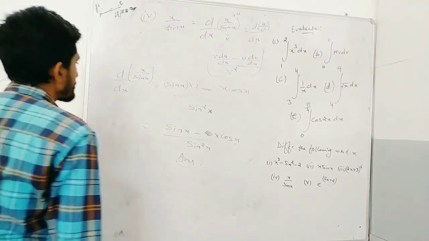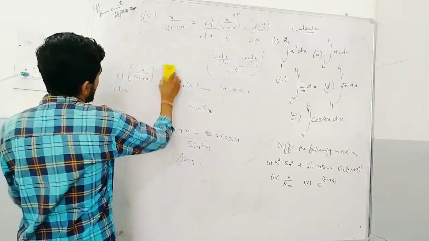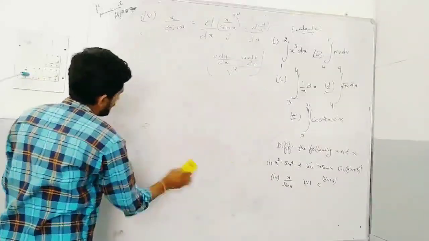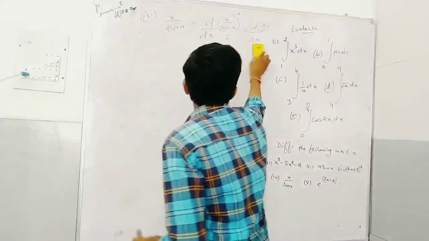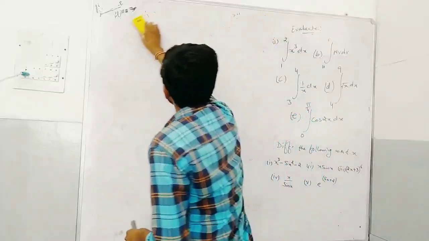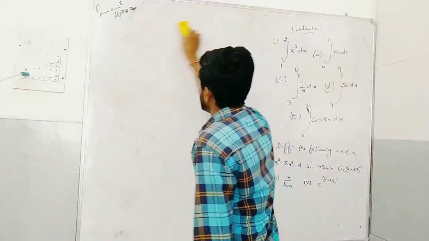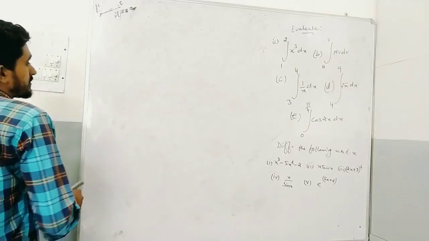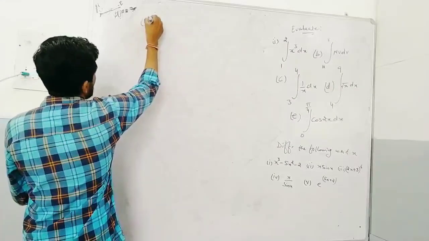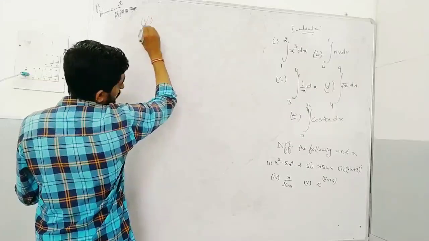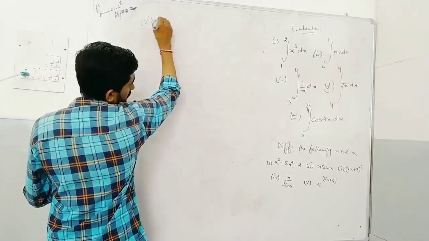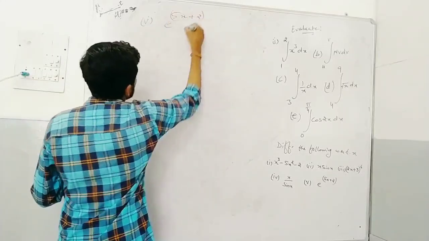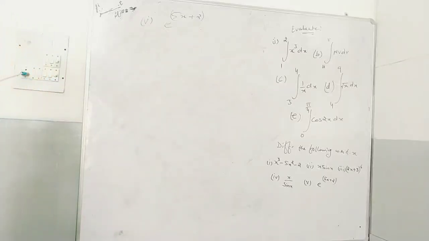Now coming to the fifth part. What does the fifth part say? Fifth part is saying e raised to the power 5x plus 2.